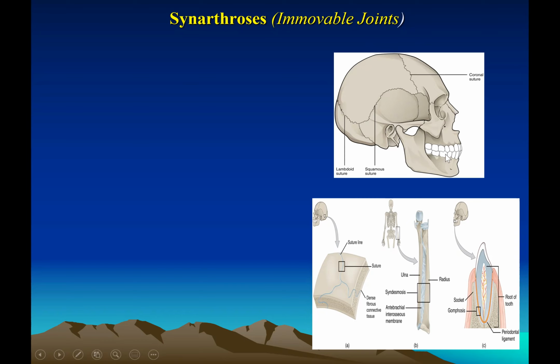And gomphosis is the connection made by fibrous connective tissue that anchors the teeth in the periodontal cavity in the alveolar process. It's called the periodontal ligament. So this type of immovable joint is called gomphosis.